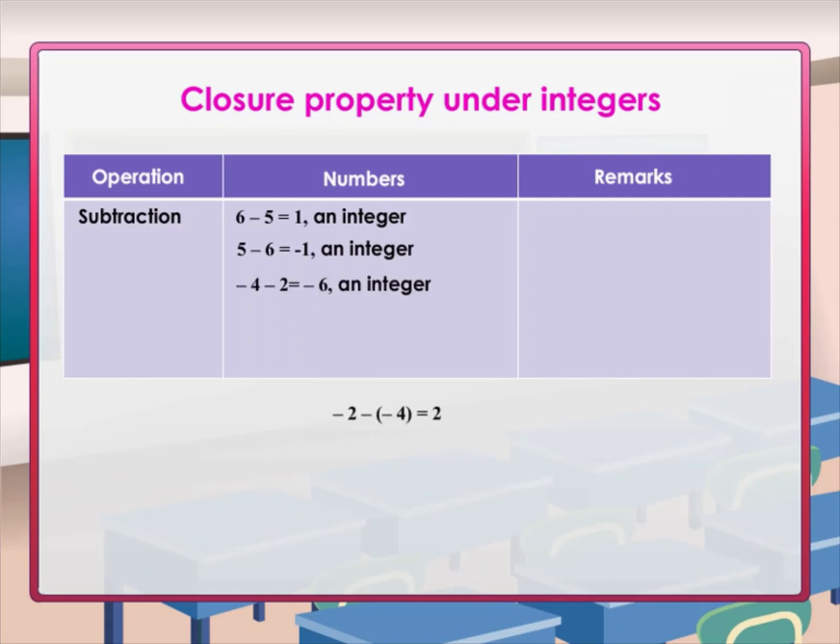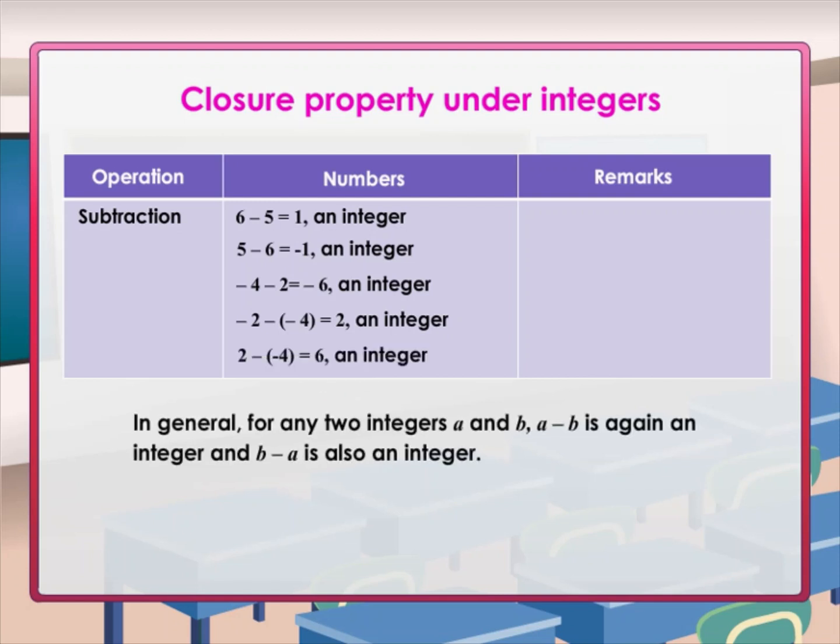In the same way, if we subtract two negative integers, say minus 2 and minus 4, we get the integer 2. Finally, let us check the subtraction with the positive integer 2 and the negative integer minus 4. 2 minus minus 4 is equal to 6, which is an integer. In general, for any two integers a and b, a minus b is again an integer, and b minus a is also an integer. Hence, integers are closed under subtraction.